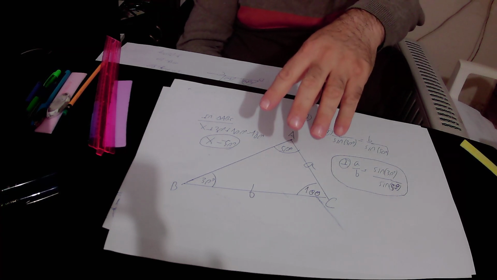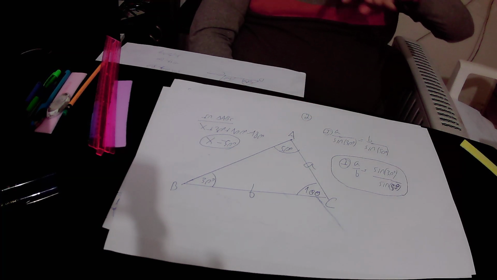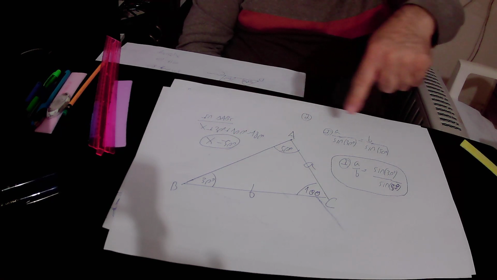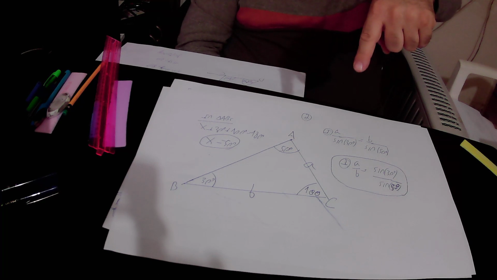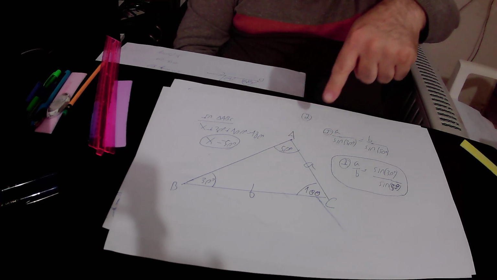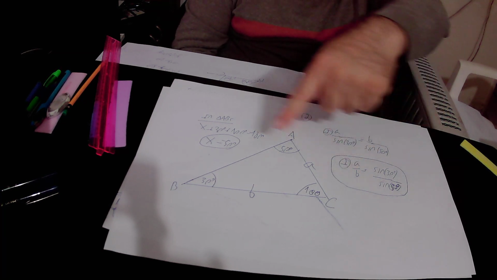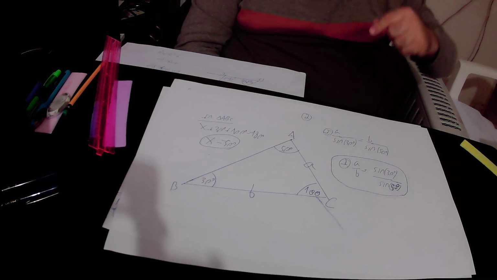Here we implemented the law of sines in this triangle, triangle ABC. According to the law of sines, A over sine 30 degrees must be equal to B over sine 50 degrees.